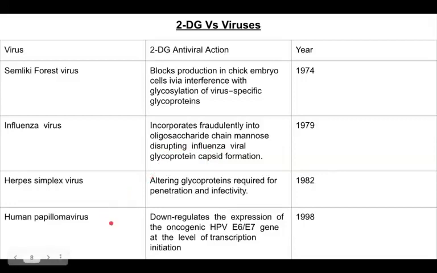However, you can see another mechanism prevail in the context of the human papillomavirus, where it directly acts on the expression of oncogenic genes, that is the E6 and E7 genes, which we know have been proved to be notorious in facilitating carcinoma of the cervix.